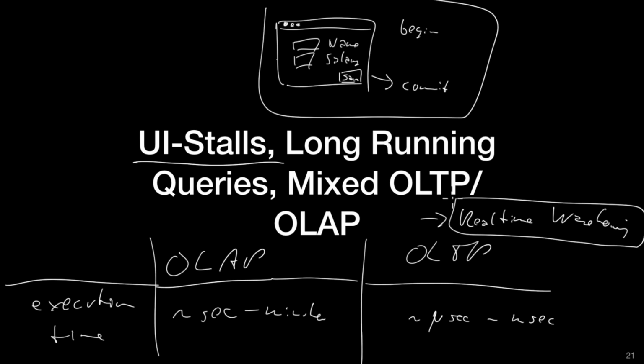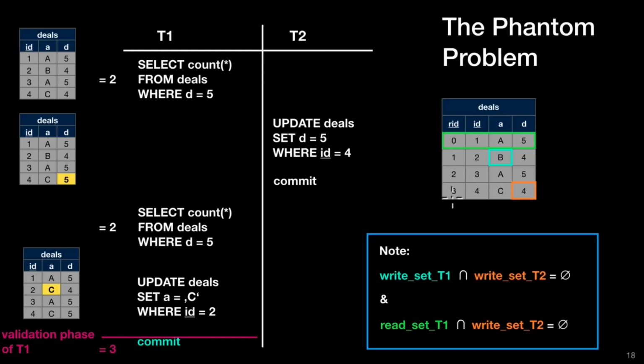So again, keep in mind, there are multiple checks you have to perform. Basically, it boils down to performing these set intersections: write set versus write set. The write set of the transaction that wants to commit is intersected with the write sets of transactions that committed while T1 was running. And this may be any other transaction running concurrently that committed. Here it's only one.